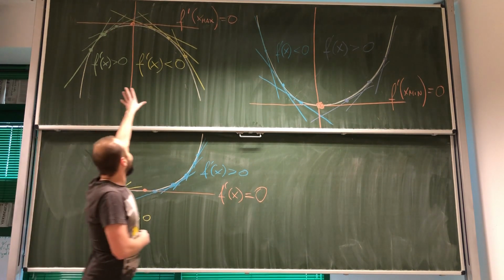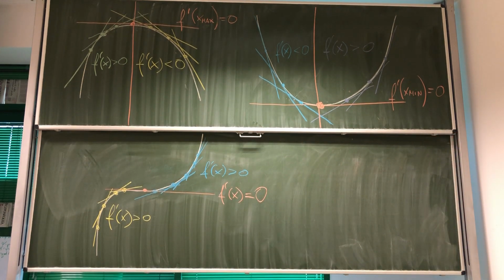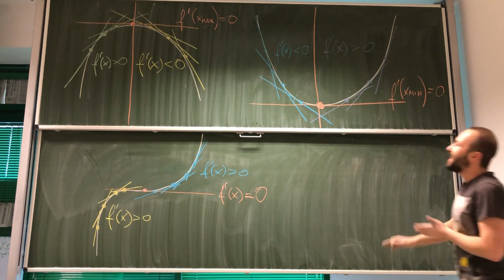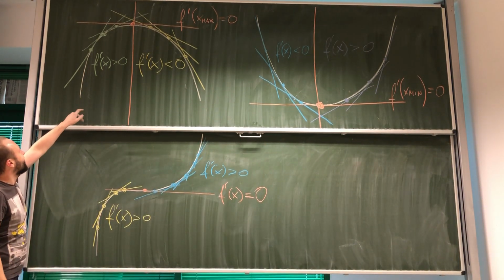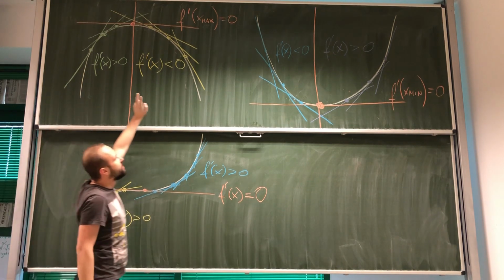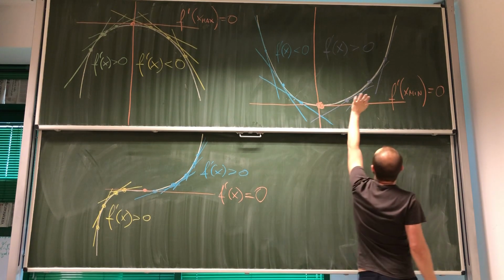Look, if we want to be sure that some point is a maximum or a minimum, then for a maximum, the derivative needs to change sign from positive to negative. In case of a minimum, from negative to positive.